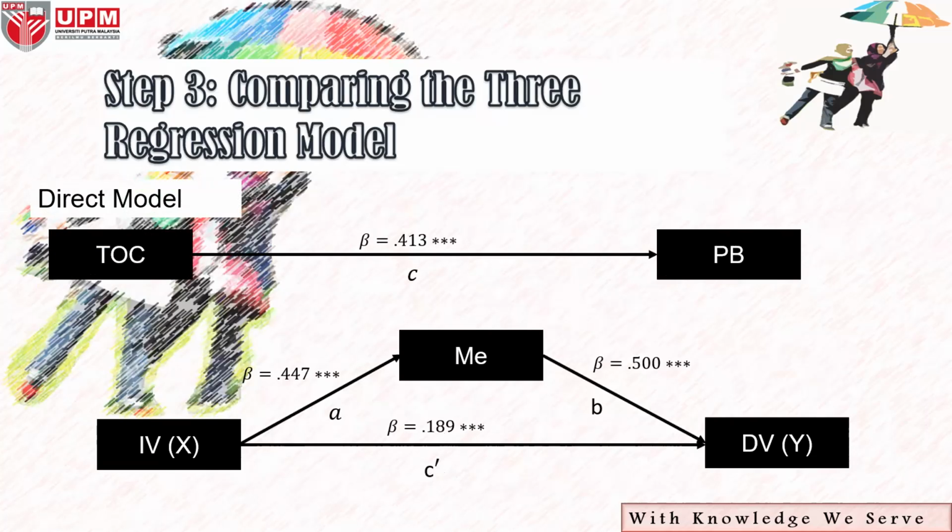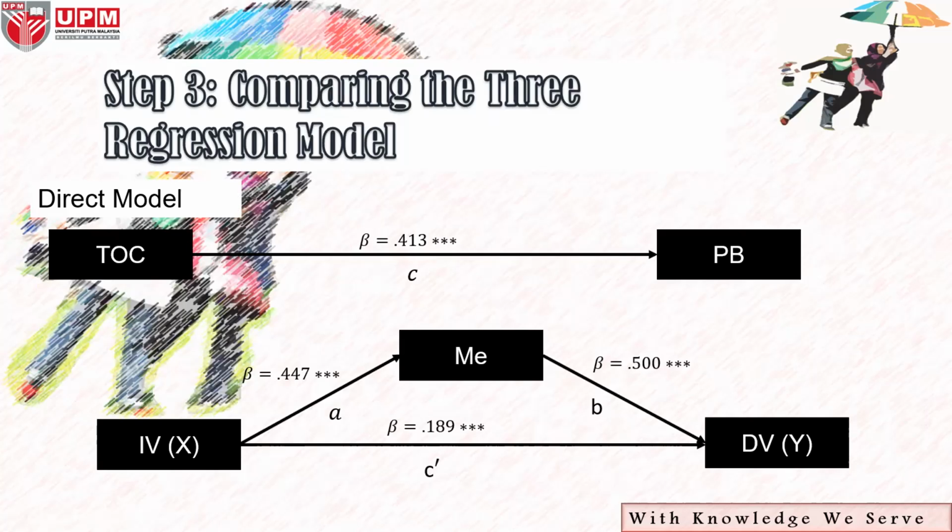Tadi bila calculate tadi, apa equation dia tadi? Yang atas tadi, to get C equals AB plus C prime. Betul tak? Cuba darab, dapat tak? 0.447 times 0.5 plus 0.189.